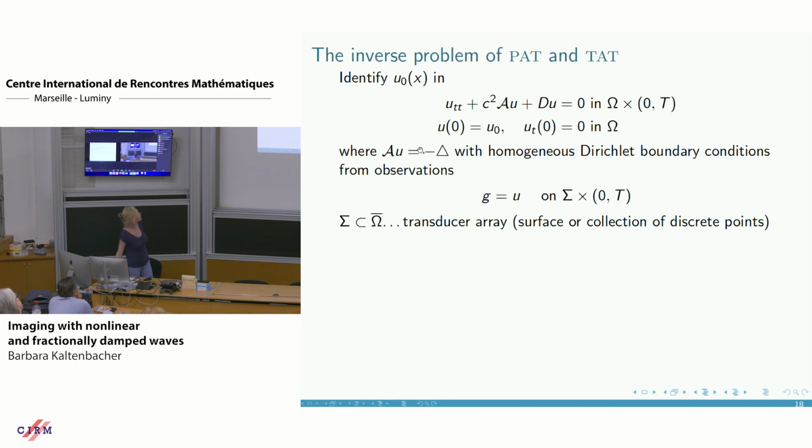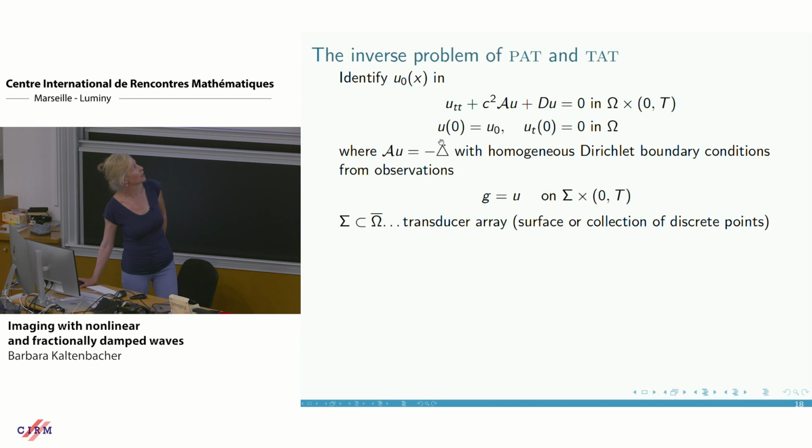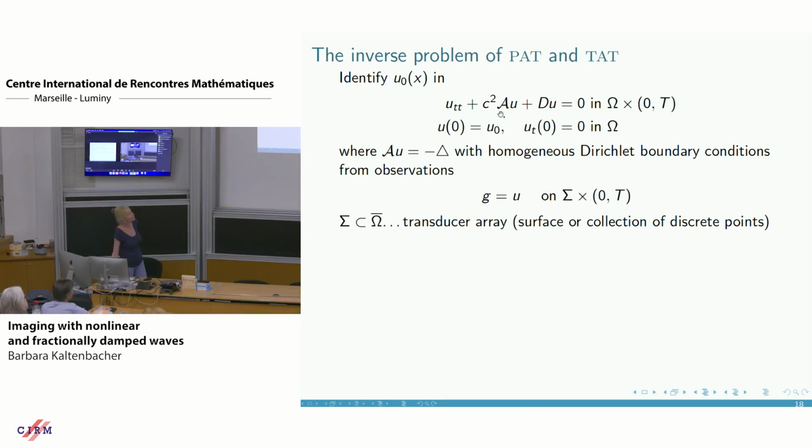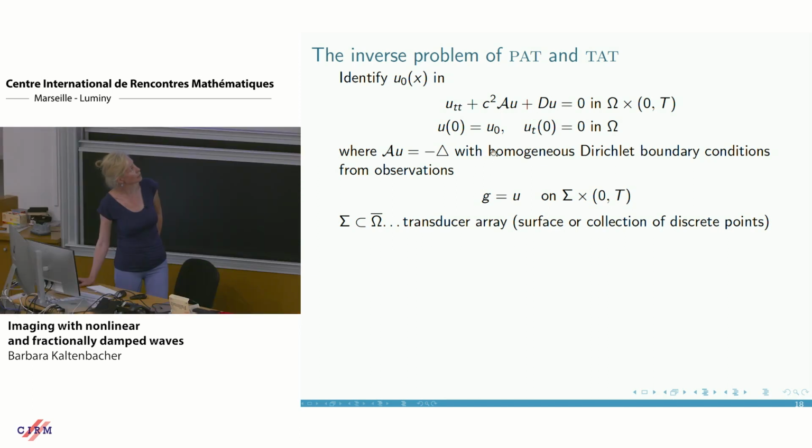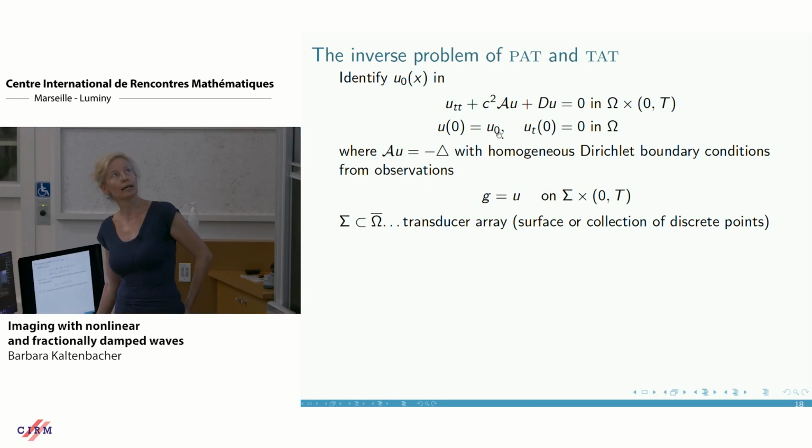So what you have here is the wave equation now written with an abstract operator A, which is the negative Laplacian with homogeneous, for simplicity, homogeneous Dirichlet conditions, but actually impedance conditions would be more appropriate and also work out here. So we have the Laplace operator here, so then it's a positive definite operator A. And we have a damping operator acting, and what we want to reconstruct is the initial data, U0.